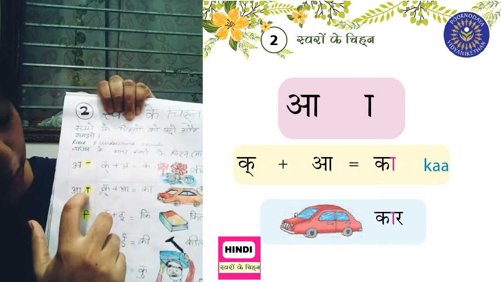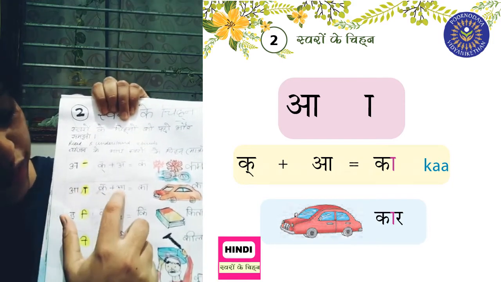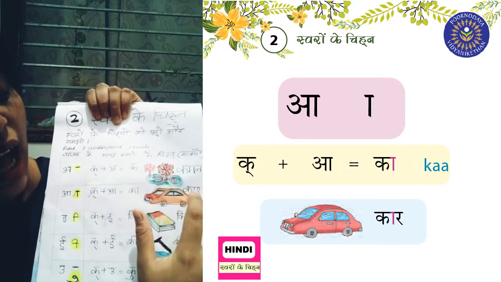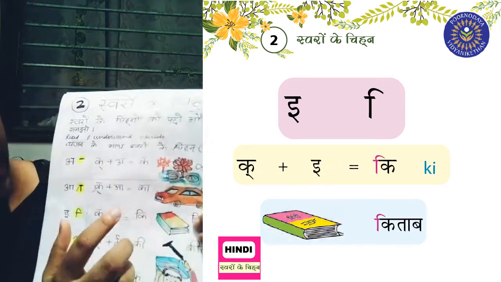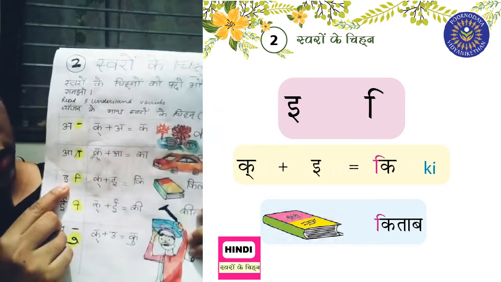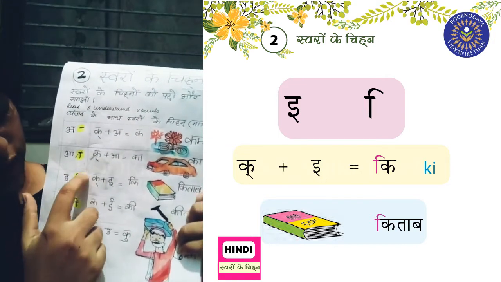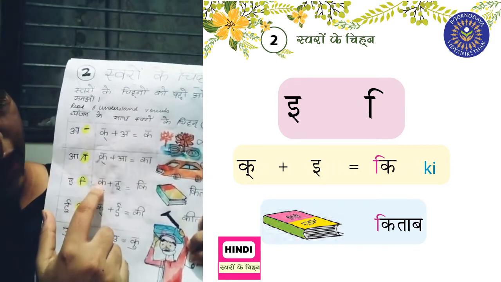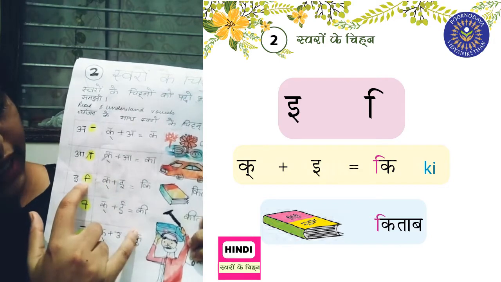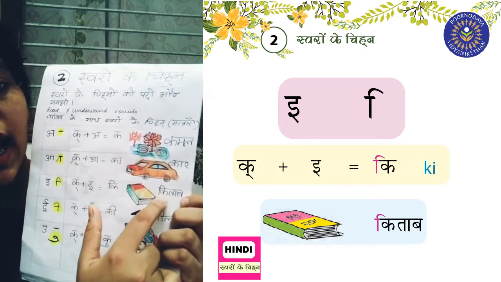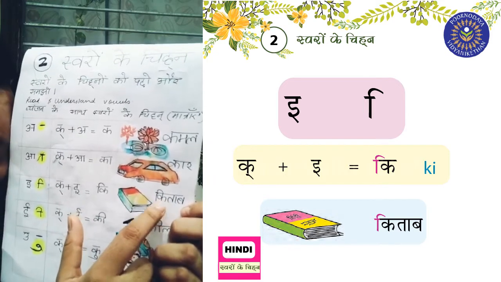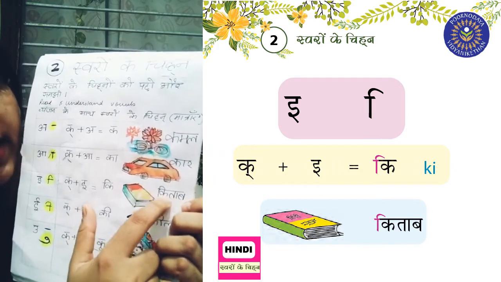Ka plus aa matra, kaa is formed. Car. Small e. This is small e matra. When you combine ka with small e matra, ki is formed. Kitab is book in English.